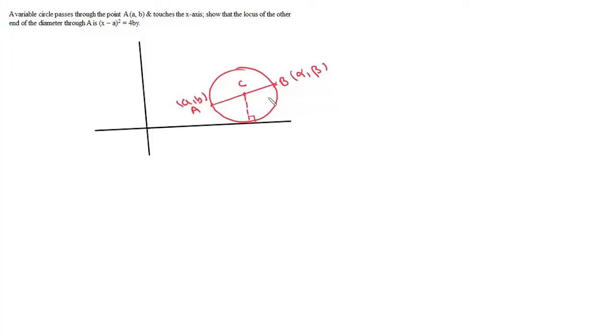Now we'll find the coordinates of the center. The coordinates of the center will be ((alpha + a)/2, (beta + b)/2). Now we'll write the radius for the circle, and it will be 1/2 AB, and AB is the square root of (alpha minus a) squared plus (beta minus b) squared.